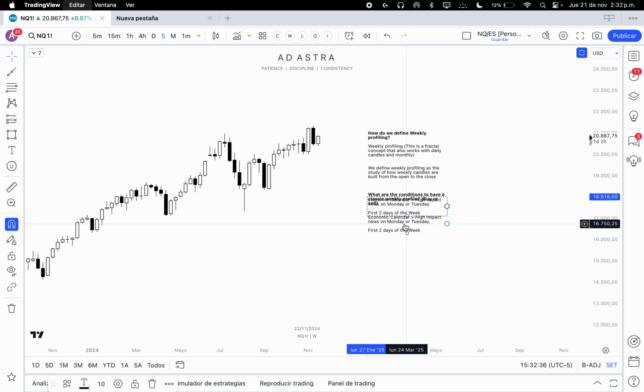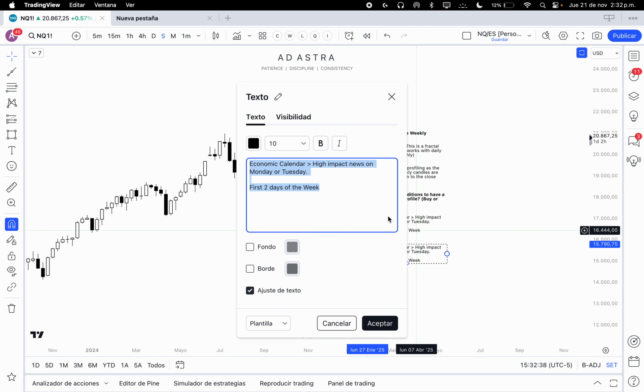What is the second condition? The most important one. Price wants to be engaging what? I mean, what type of levels does price want to be engaging, touching on Monday or Tuesday with the volatility? Price needs a high time frame level.